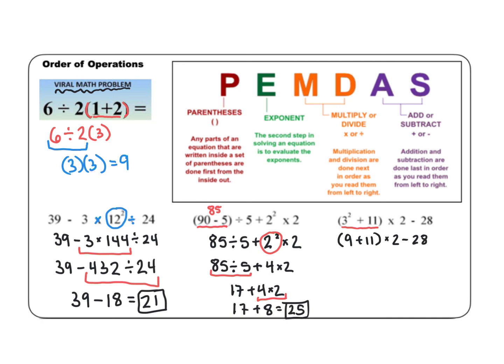Especially on a test, just write everything down. It only takes a minute. So 9 plus 11 gives me 20 times 2 minus 28. And then left to right, doing multiplication and division, I'm going to get 40 minus 28. And at the end of the day, that gives me 12.